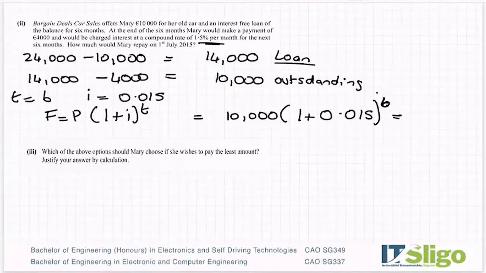Let's put that in, and I am getting 10,934.43264, so 43. So that's how much she has to pay on the 1st of July, 10,934.43.